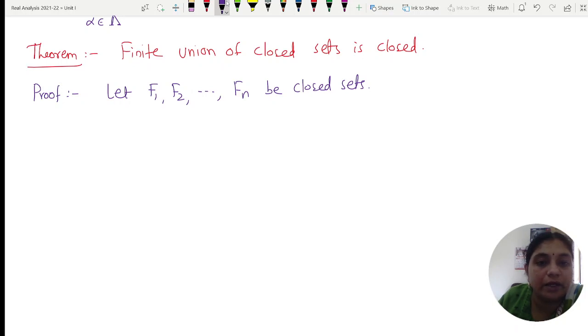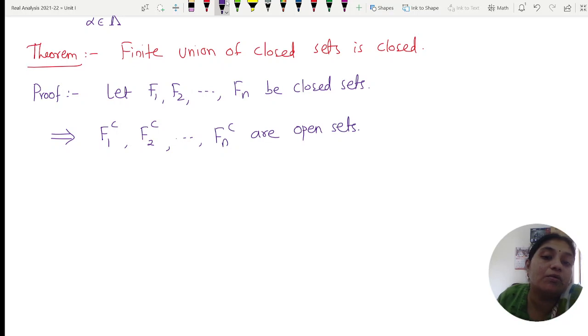I have taken finite F1, F2, ..., Fn closed sets. So if they are closed sets, what can I say about their complements? F1 complement, F2 complement, ..., Fn complement are open sets.